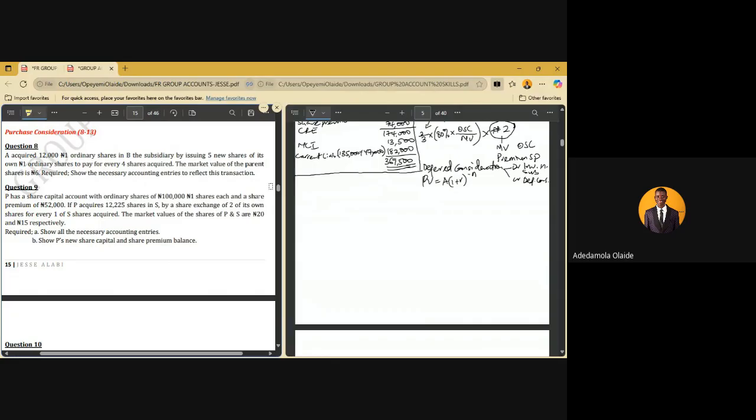That's contingent deferred consideration because it is outside the control of the management. They don't know what the share price will be saying by then. Or maybe we'll pay you a certain percentage of the profit.